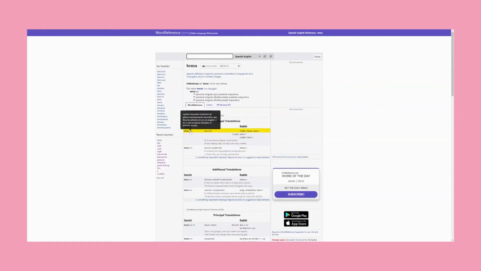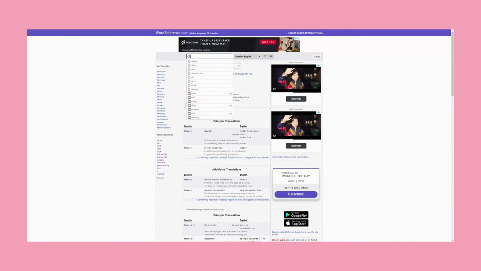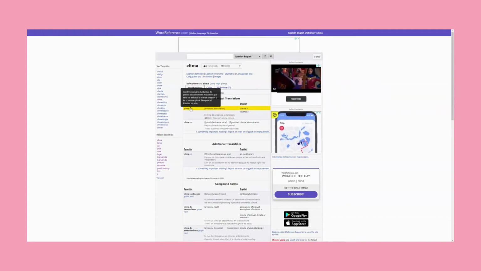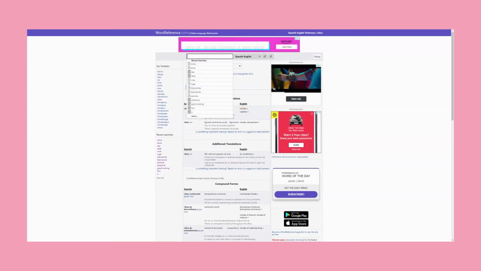So tema, it ends with an a, but it's a masculine noun. And tema is theme, issue, matter, point, subject. Things like clima. Clima is climate and ends with an a, but it's a masculine noun.